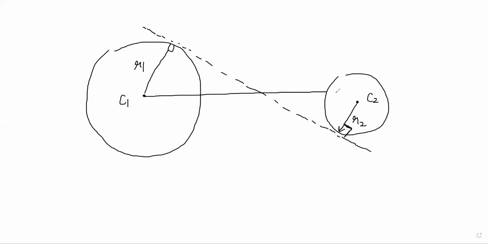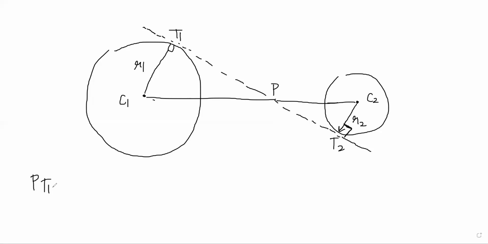If I join the centers, let's say that this point is P. So what you can see is that triangle, let's call it T1 and let's call it T2, triangle PT1C1 and PT2C2 are similar.